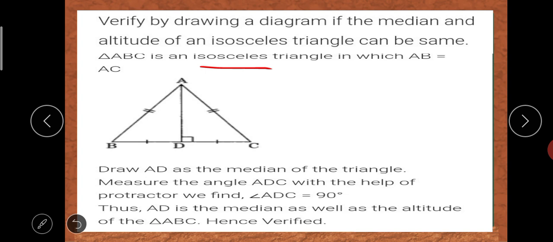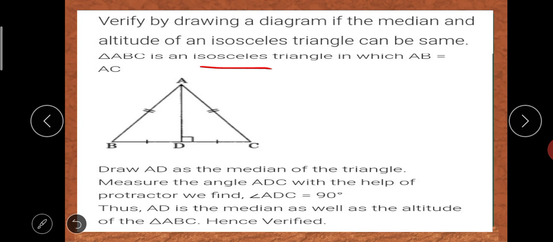Now draw AD as a median of the triangle. AD is perpendicular to the line BC, forming 90 degrees. Measure the angle ADC with the help of a protractor. We find that ADC equals 90.